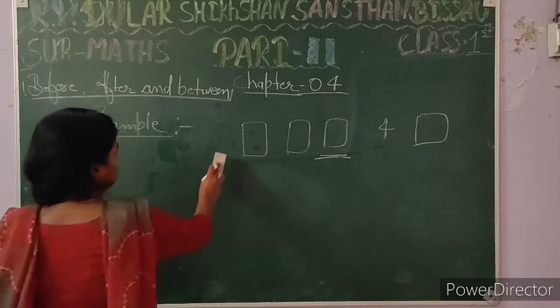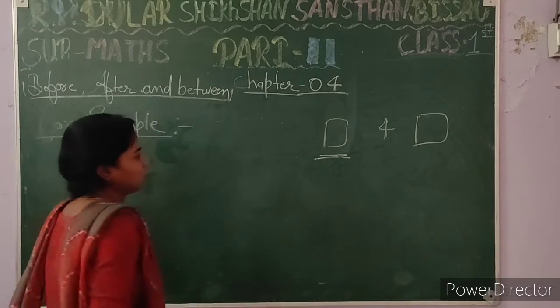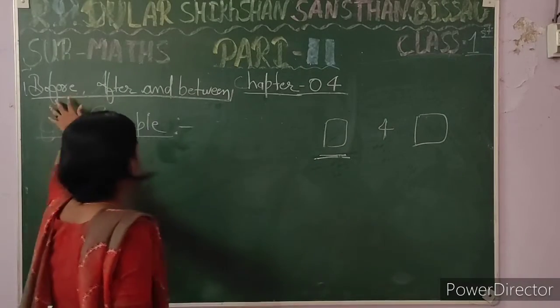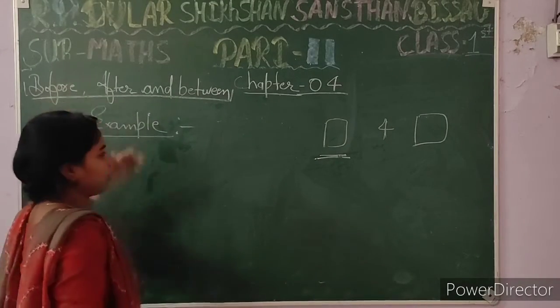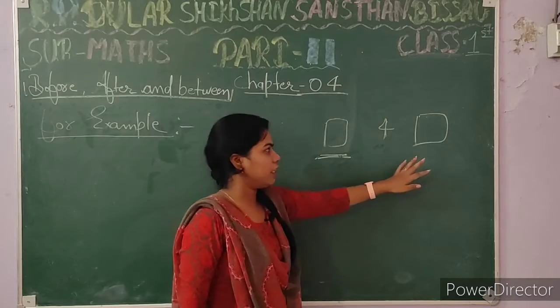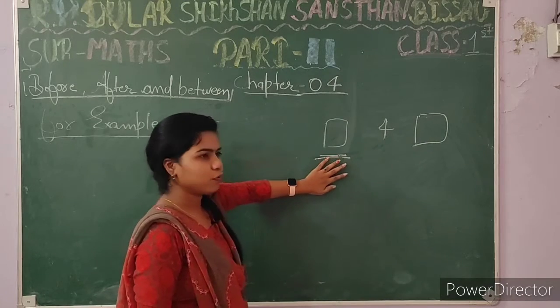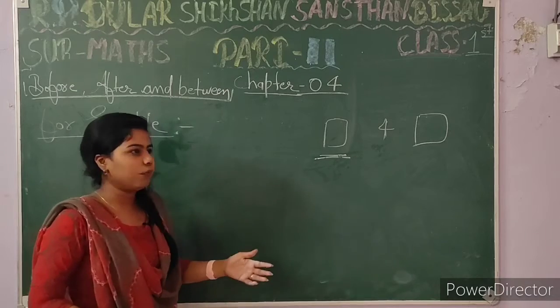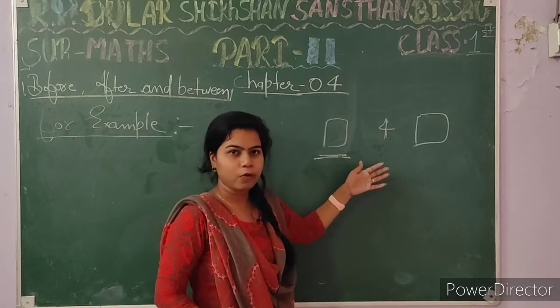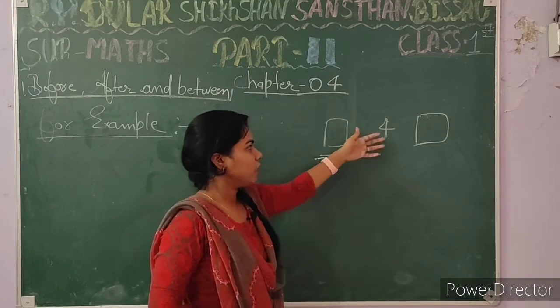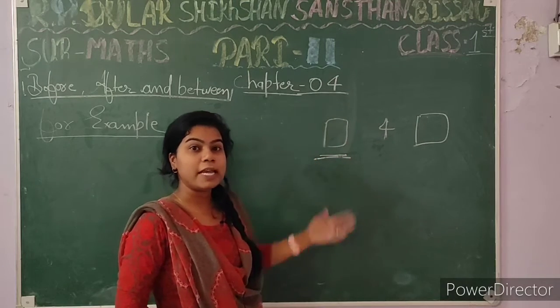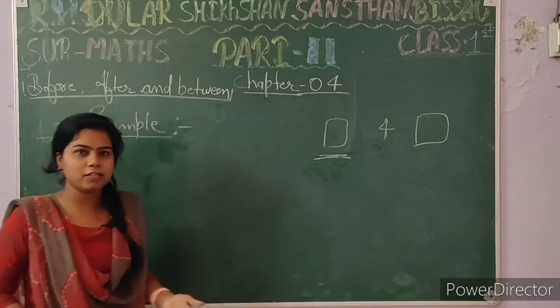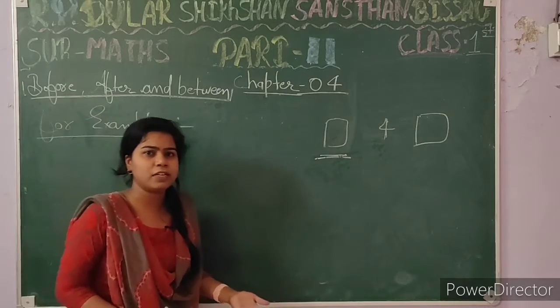Okay, there are two types of questions here, the use of before and the use of after. The question will be, which number comes before 4? Before means pehle. So we can say which number comes before. In descending we can use descending order also. What is the meaning of descending order?